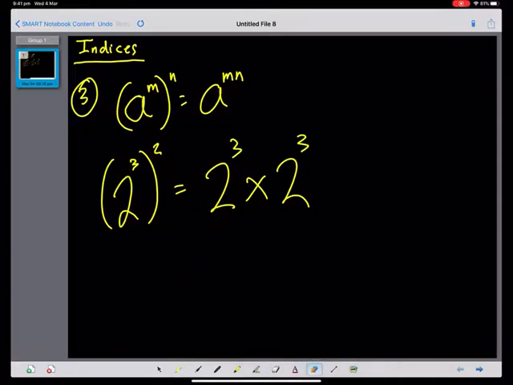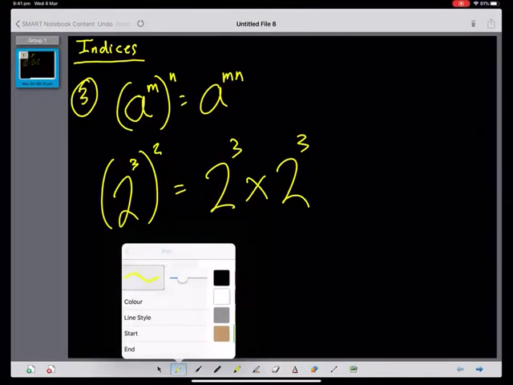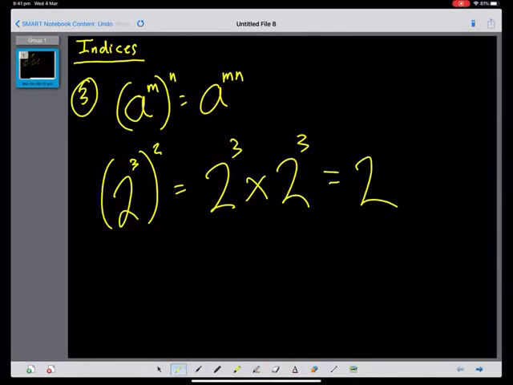So then we can add the powers there and use our first rule, which is 2 to the 6. If we do 2 cubed twice, that is the same as, and we add them, that's the same as multiplying. Let me give you another example.